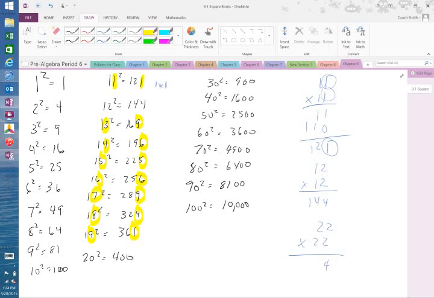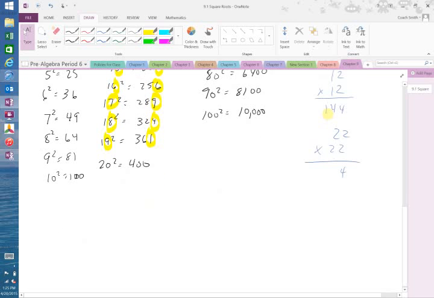Now, this only works if it is a perfect square. Okay? I'm going to show you one here in a second that's not a perfect square, that they want you to approximate to see whether it's close to this number or close to this number. Now, let's look at this one. Let's say I've got the square root of 10.